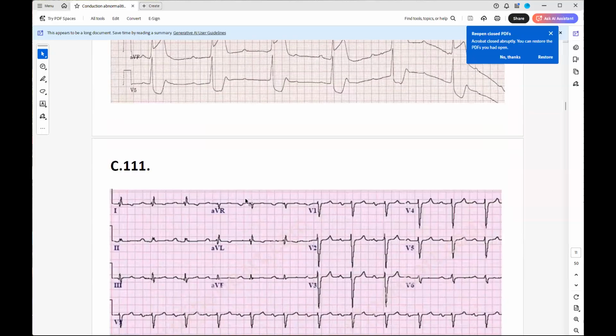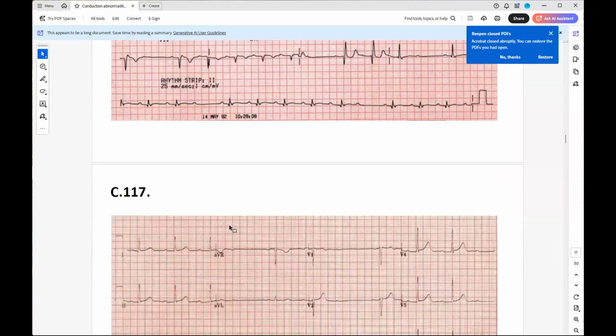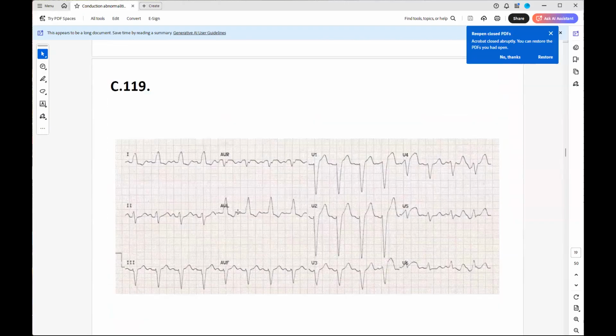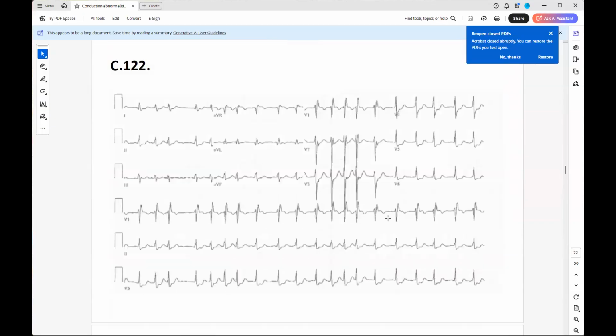Okay, right. 122 is coming up. Okay, great. It's right here. Okay, good. I thought this is the ST elevation myocardial infarction. Step by step. Rhythmic or not?